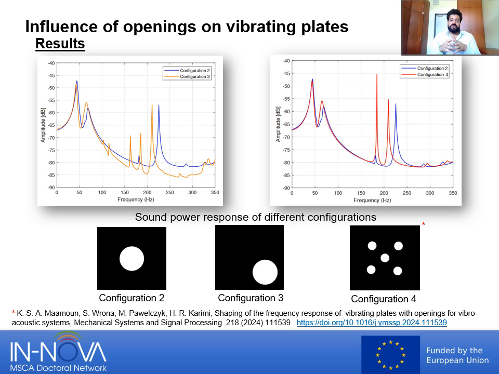And this is also due to the distances between these openings and the corners, and also the position of these openings in the nodal areas and the anti-nodal areas of the mode shapes of the vibration of the plate.